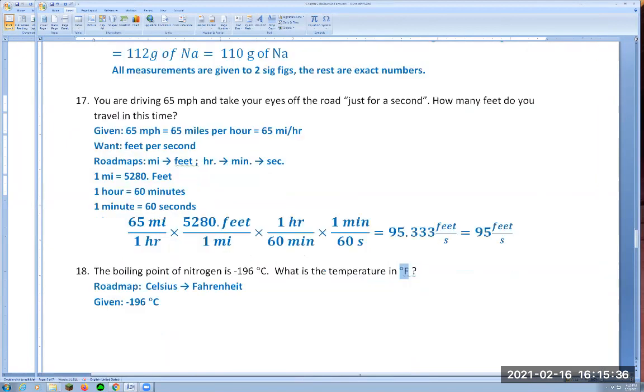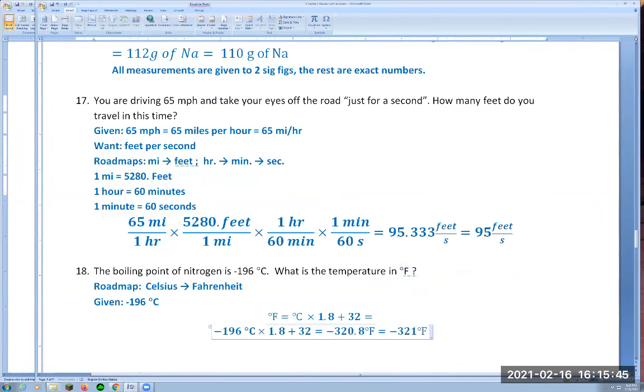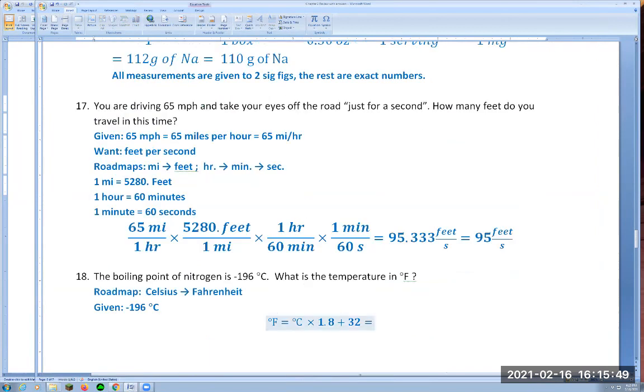So that means you want to use this equation, degrees Fahrenheit. So degrees Fahrenheit equals degrees Celsius times 1.8 plus 32.